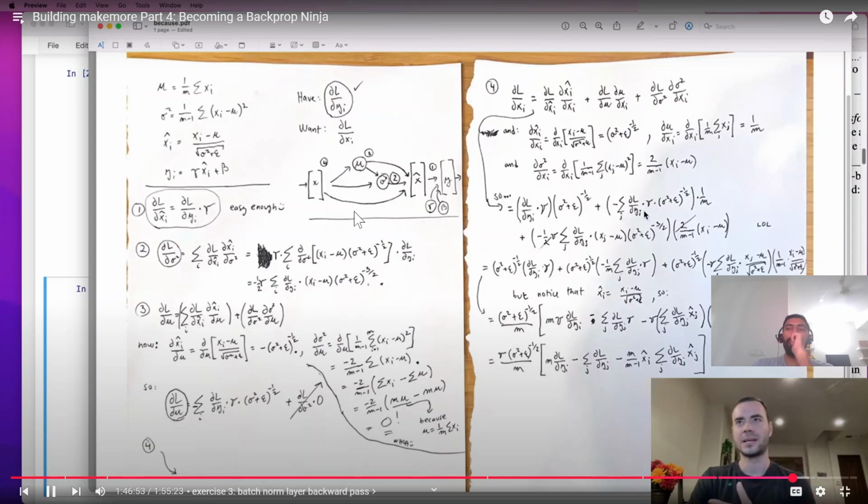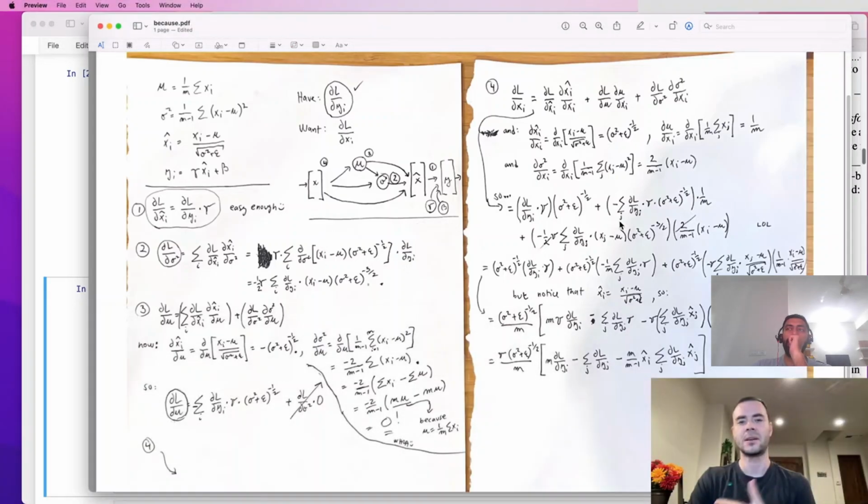And so you have to be careful with that. When you're plugging in the expressions from here to here, you may have to rename i's into j's, and you have to be very careful what is actually an i with respect to dL by dxi. So some of these are j's, some of these are i's, and then we simplified this expression.